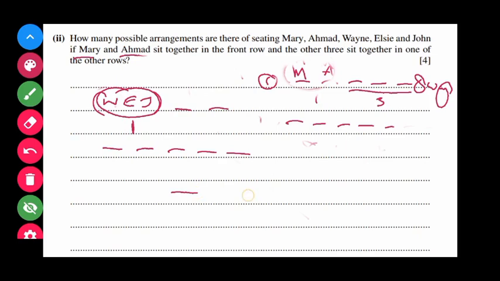So if we think like that, that we have 2 seats, then these 3 may sit here, like W E J, or they may sit here, or they may sit here.